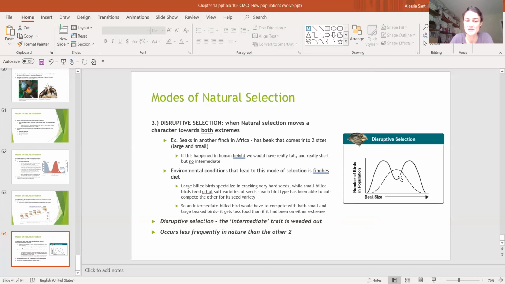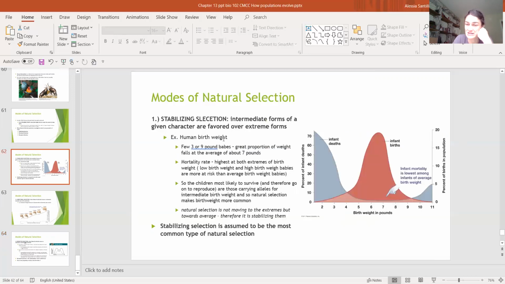They have to compete with both extremes. So with natural selection being disruptive, the intermediate trait is going to be weeded out, since it's always in competition. This is one of the rarest types of natural selection.